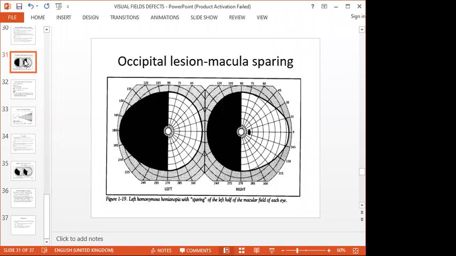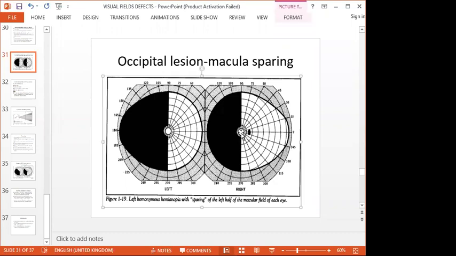Where is the macula? The center. This center of the vision is the macula. So when they say macula sparing, don't point at that one. It's this which is spared. Fovea is the center of the macula, so it can't be outside. It's within there.